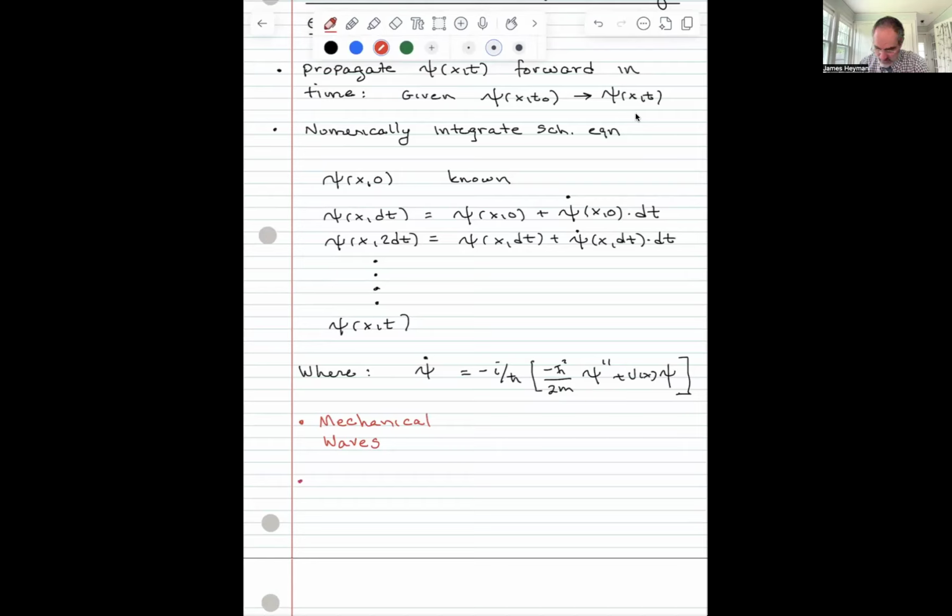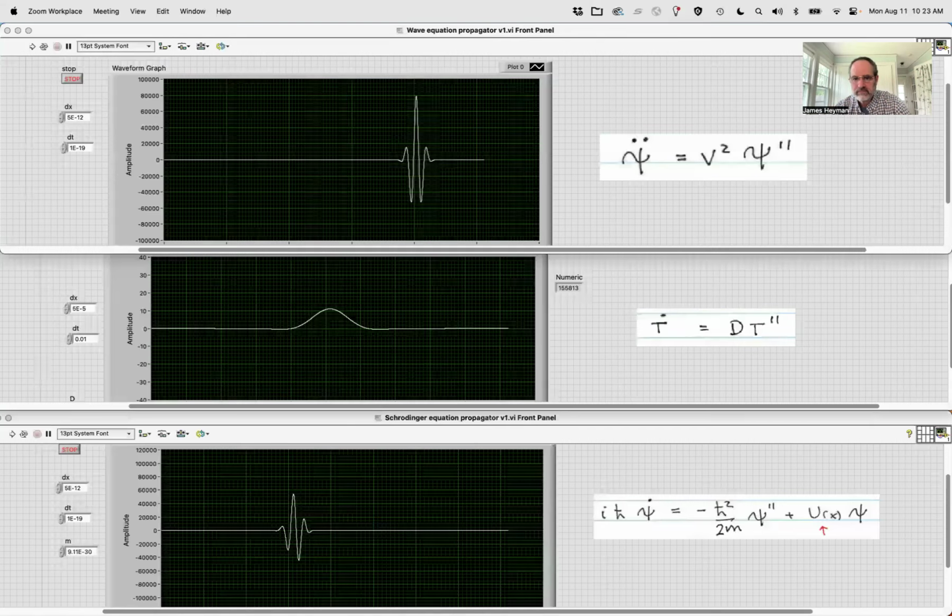At heat diffusion, what are sometimes called heat waves, and finally matter waves. In each case, we'll just propagate a different wave equation forward in time using this technique. Hang on for a second and we'll take a look. All right, well, here we go.